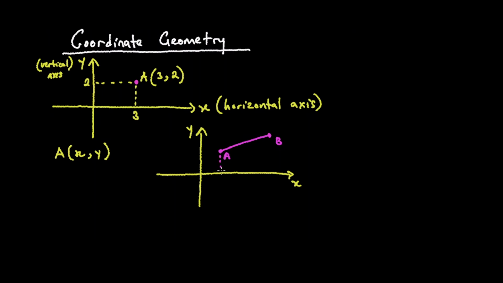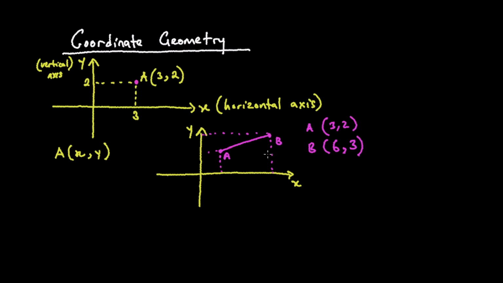So we know what this position is, and we also know what the position of B is. Let us say A is 3, 2. Let us say B is 6, 3, like that. We now have a line.